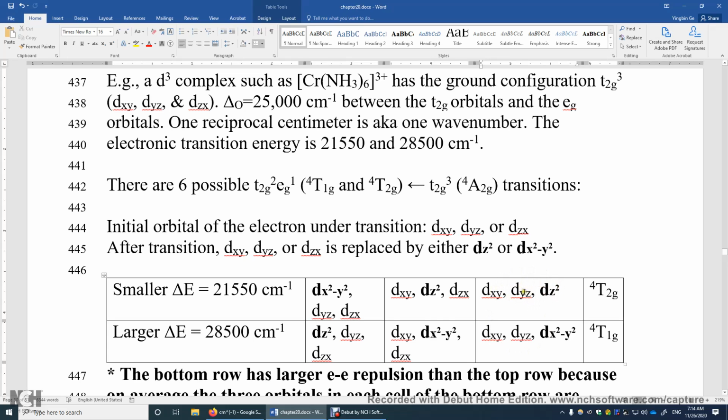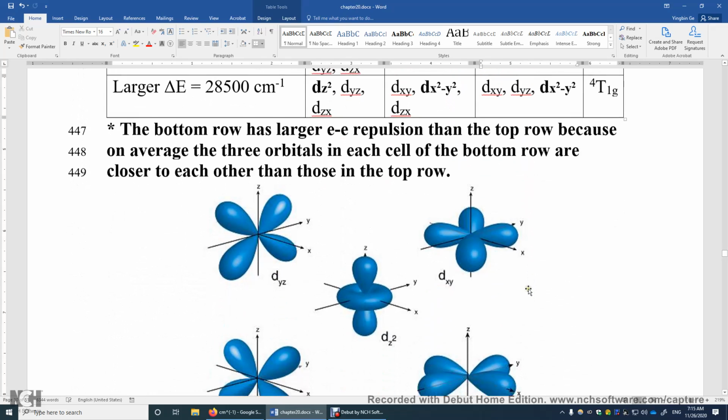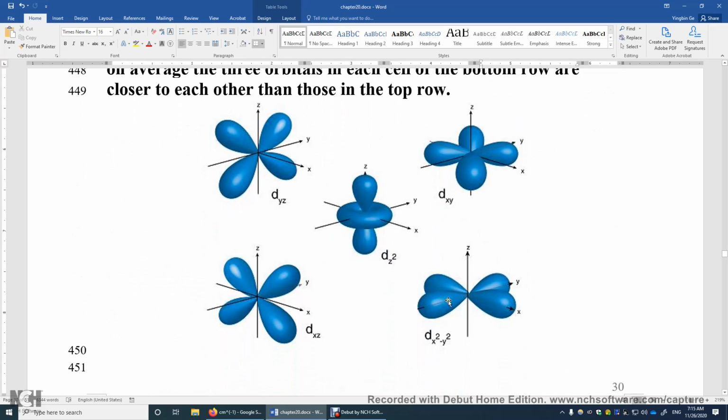So let's look at the orbitals. Dx squared minus y squared. Look at these two. They are both on the xy plane. I want you to imagine plotting dx squared minus y squared here. So you'll have one lobe here, one lobe here, one lobe here, one lobe here.